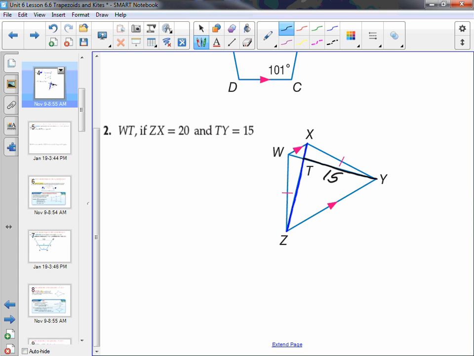Isosceles again. What do we know about the diagonals of an isosceles trapezoid? They're congruent. So if one diagonal has a length of 20, so does the other. If we know the length of that diagonal has to be 20, then what's the length of that missing piece? So the length of WT equals 5.